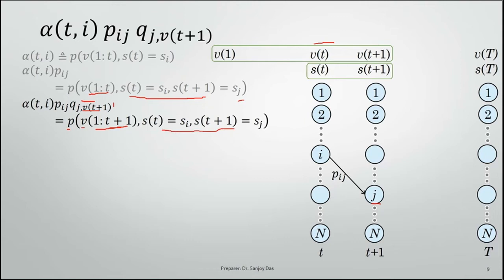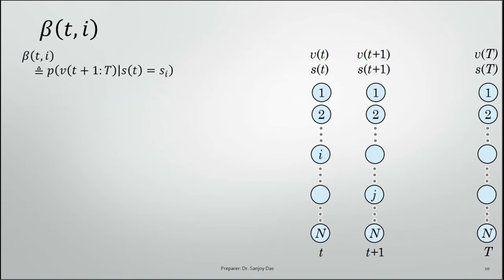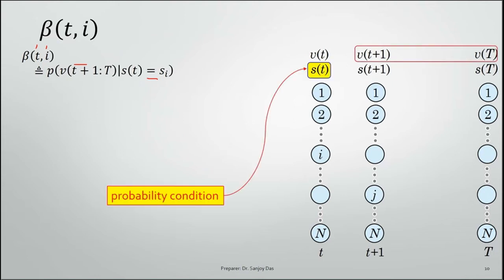Okay, so now before doing anything more with this, let's look at beta. Beta t(i) is the probability of the future symbols if we are at present at time t and the state is Si. Then beta is the probability of the future sequence given the present state is Si. So this is the future sequence, and this is the condition. The current state being Si is the condition, that's why it's colored in yellow.